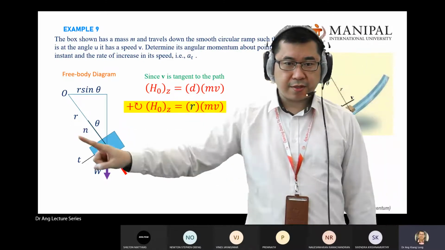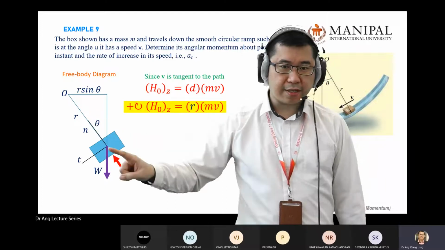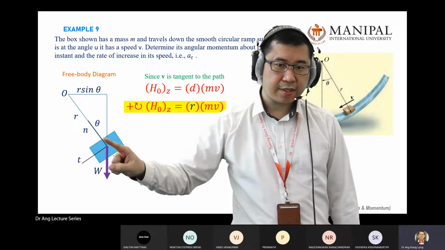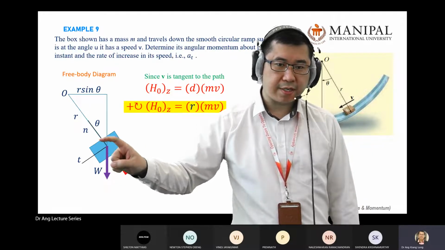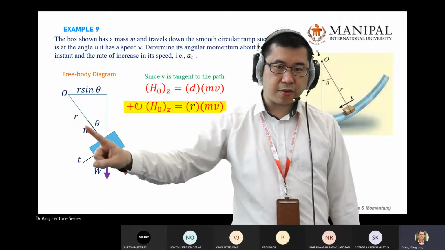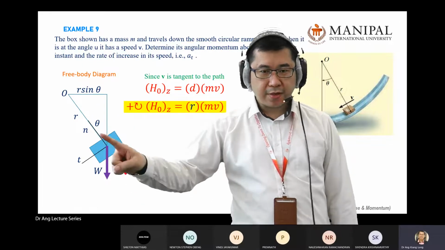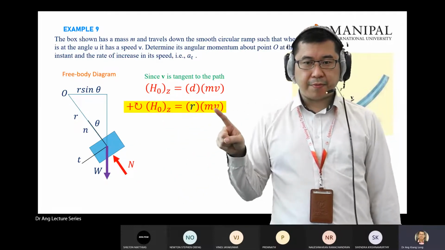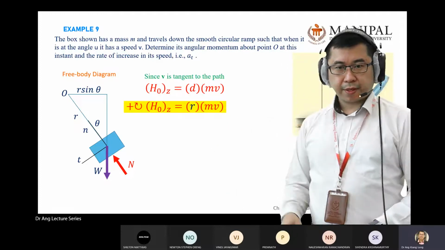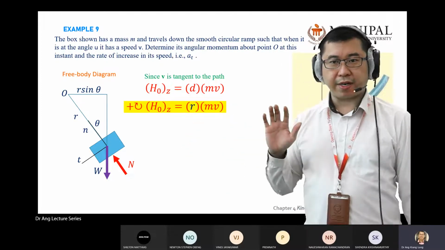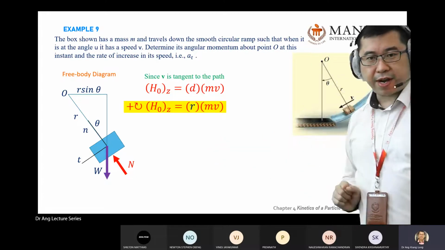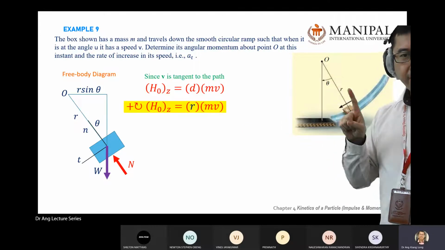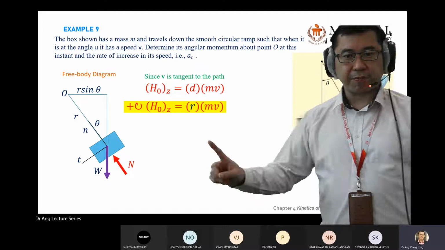D is your R, because your R and T are 90 degrees apart. R is parallel to your normal axis. That's why you can straight away use R multiplied by momentum, mv. In this case you don't have numbers, it's just a derivation of the equation. Of course, this can extend into a real question where I give you the R value and velocity value, and you just substitute there.